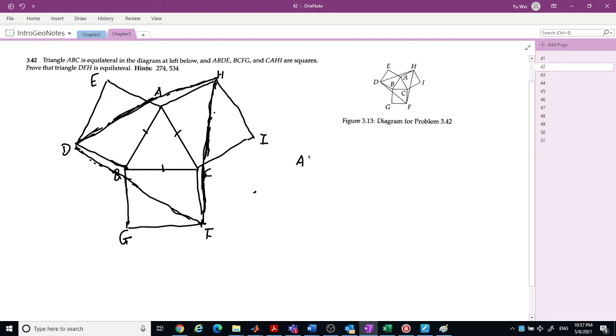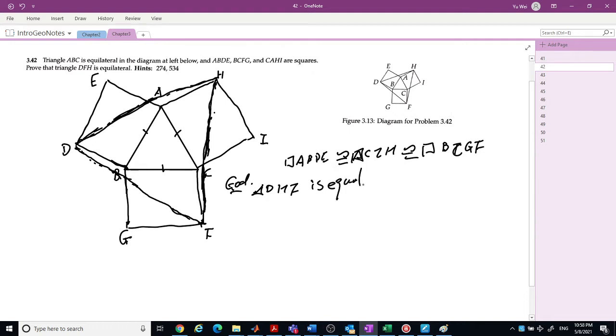The square ABDE is congruent to the square ACIH, and also congruent to the square BCGF. The goal is to prove that triangle DHF is an equilateral triangle. This one is basically very simple.